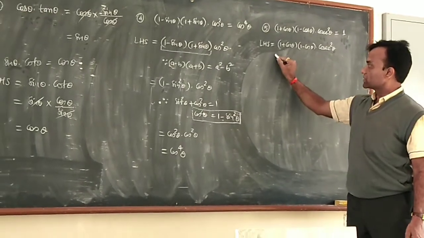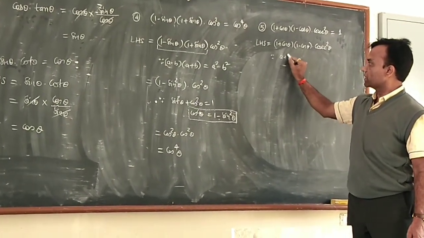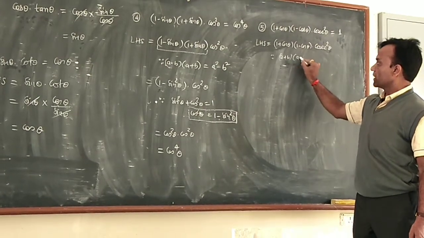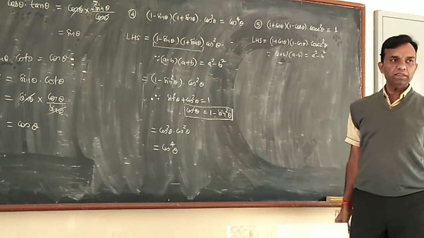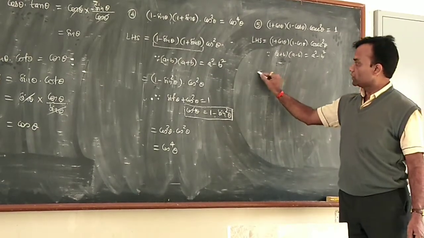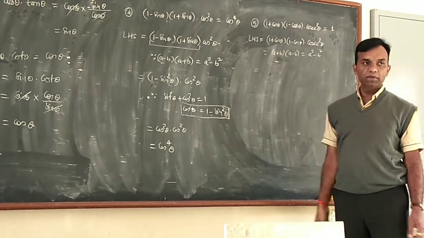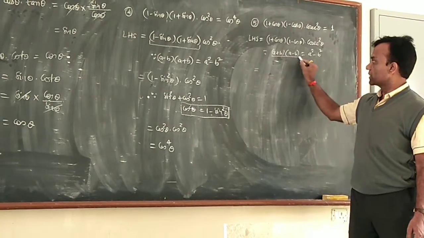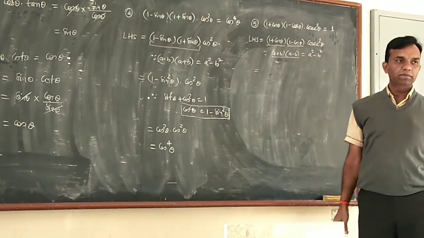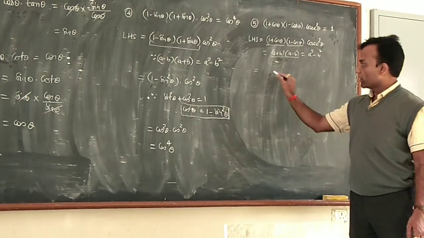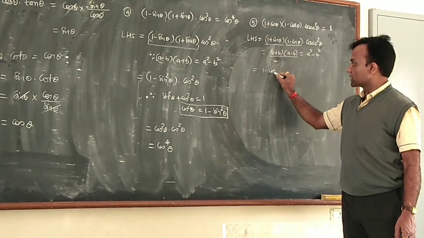Again we know the same identity, a plus b, a minus b, gives a square minus b square. If you use this identity here, 1 plus cos and 1 minus cos, then we get 1 minus cos square theta.